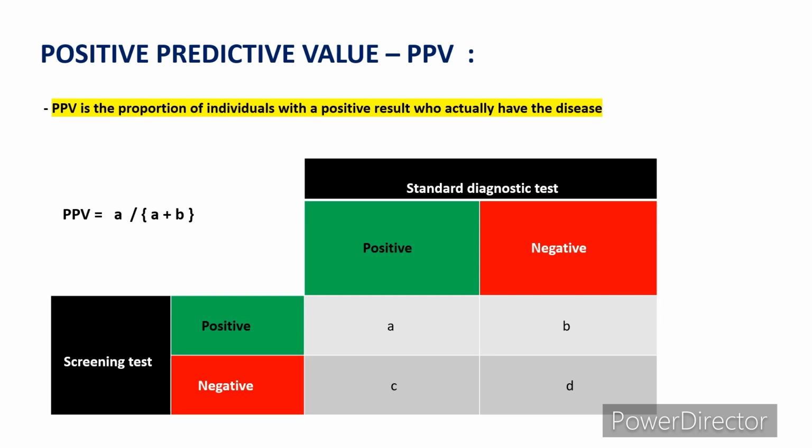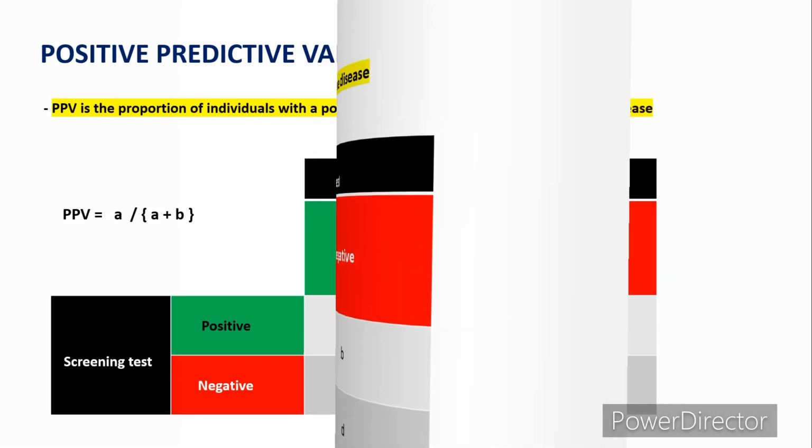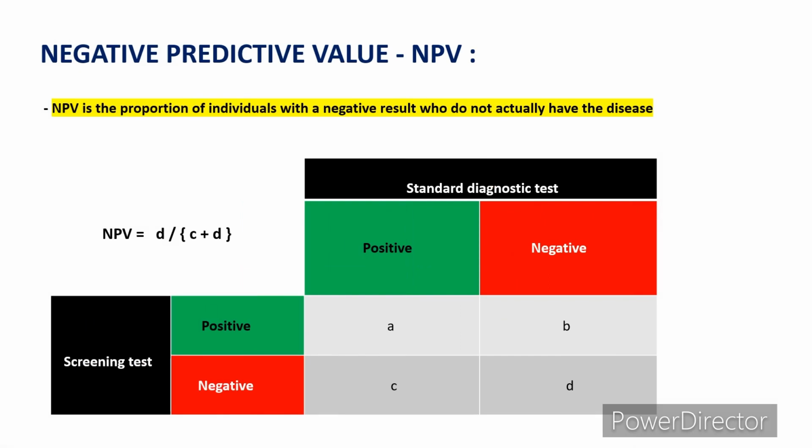That is A. A upon A plus B. Similarly, negative predictive value is the proportion of individuals with a negative result who do not actually have the disease. Individuals with a negative result according to the screening test are C plus D, right? Out of the C plus D cases, how many actually do not have the disease according to the diagnostic test? That is D. D upon C plus D.